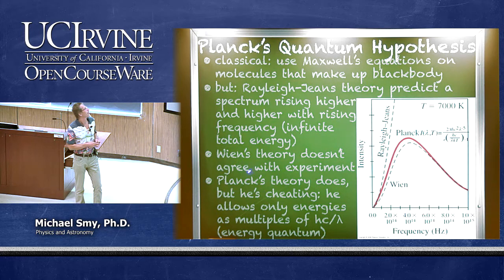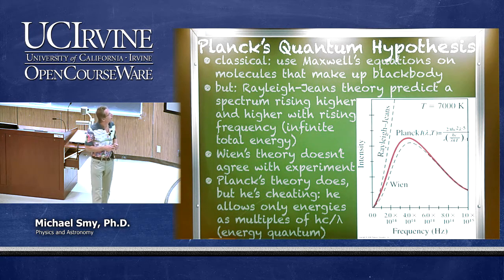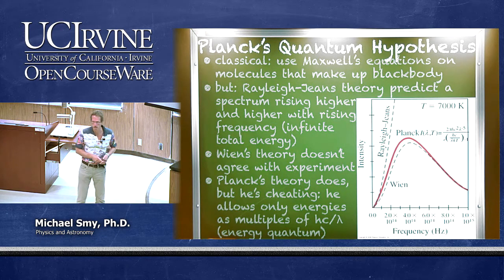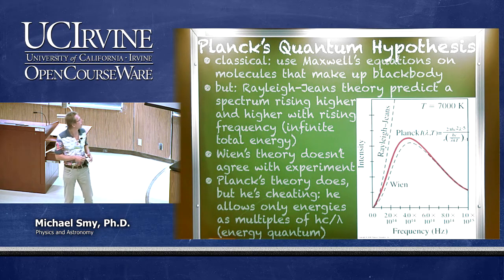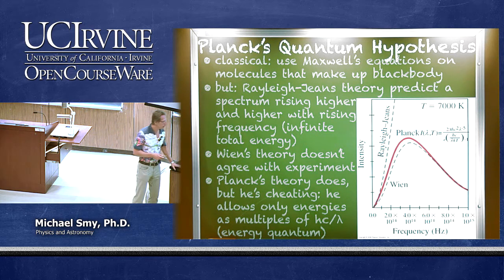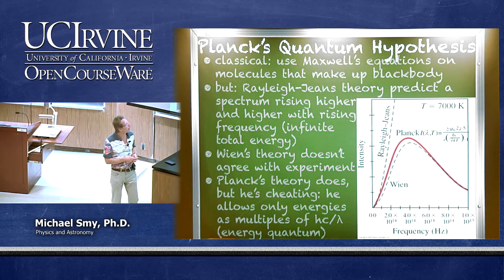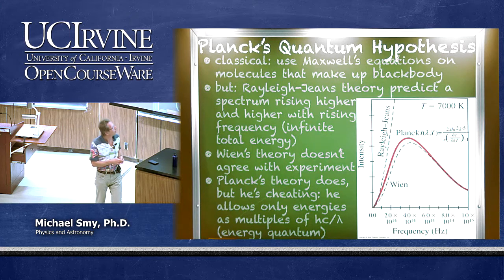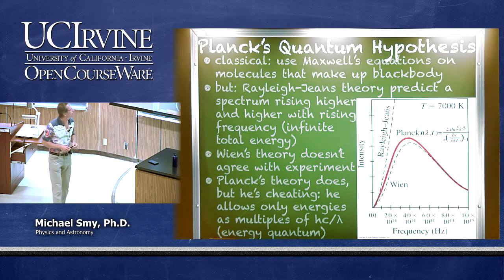There's also a theory by Wien, the fellow with the Wien law, and that looks much better. It at least gives us a finite amount of radiation energy. However, unfortunately, it disagrees with experiment. And finally, after almost suffering a nervous breakdown, so legend has it, Max Planck found this formula which correctly describes the blackbody radiation.